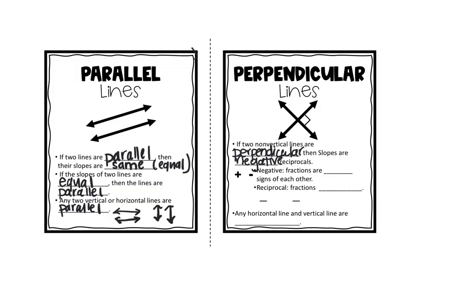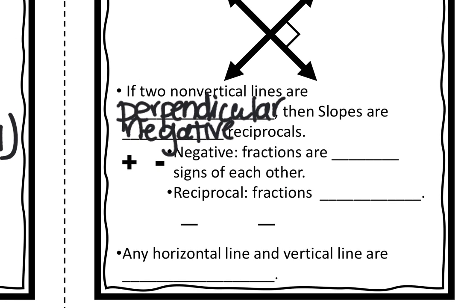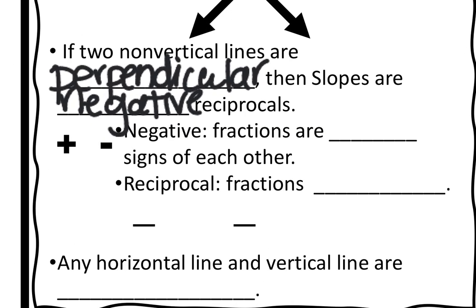The important thing to know about perpendicular lines is that their slopes are negative reciprocals. So what does negative mean and what does reciprocal mean? We have that right here to define it. Negative means that the signs are opposite. So one should be positive and one should be negative.